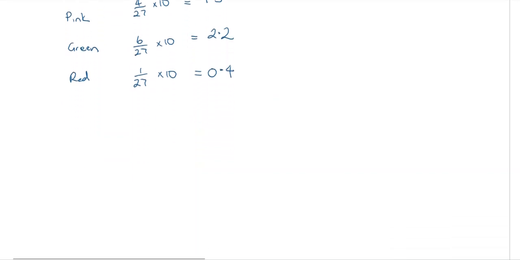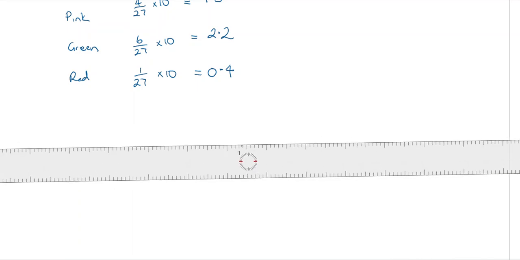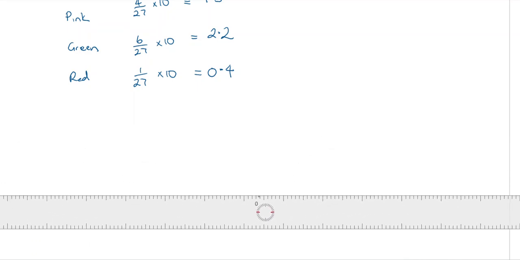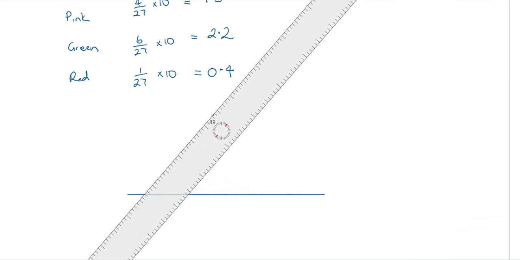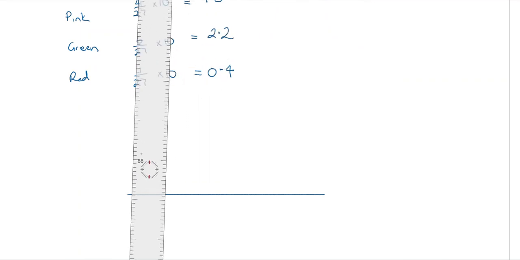Okay, so because I have timesed each of those fractions by 10, that means that you need to very carefully measure a 10 centimetre bar. The height of the bar is not critical, but don't make it too narrow.